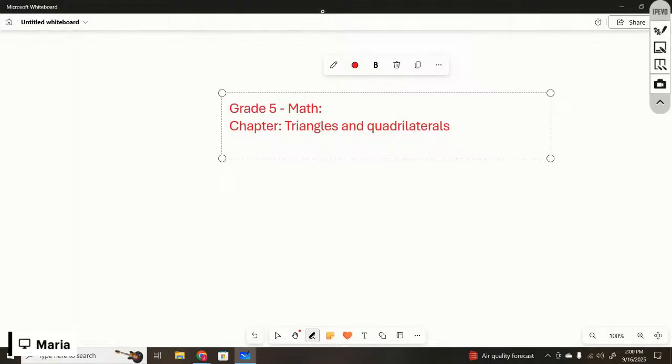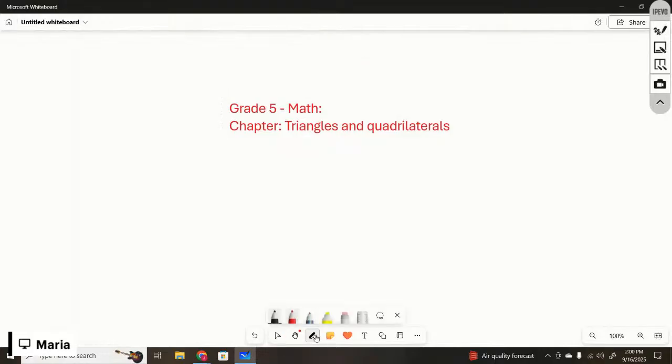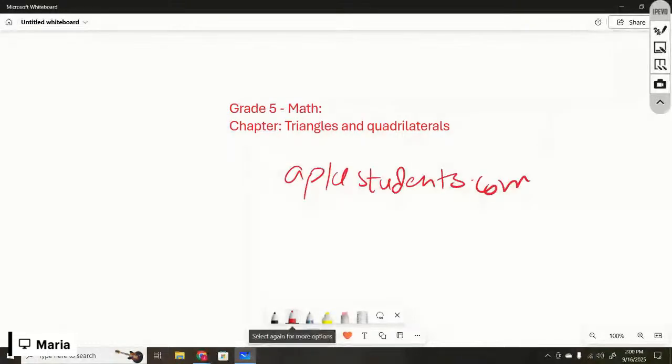You can find all the lessons on aplusstudents.com. You have to log in there using your email address and password as provided. Then you have to select math from the subject tab.